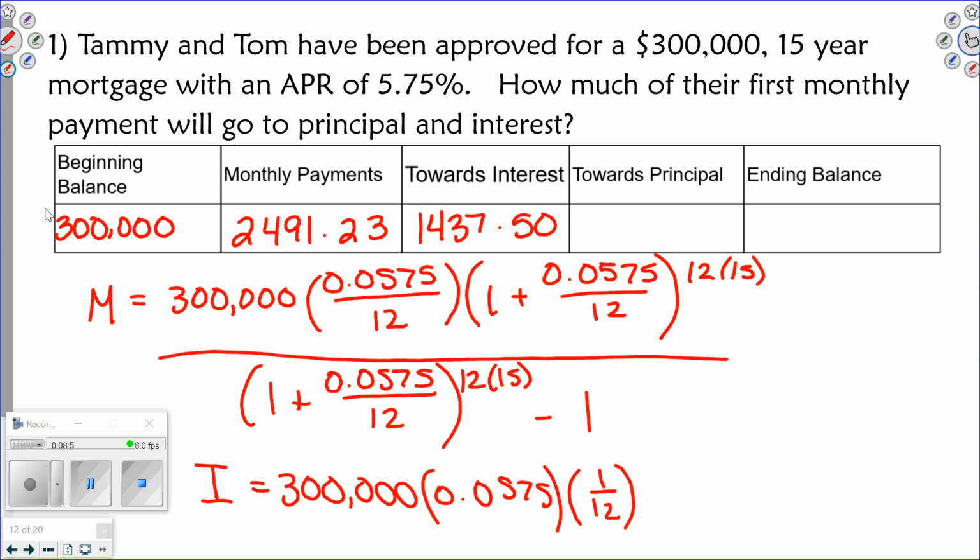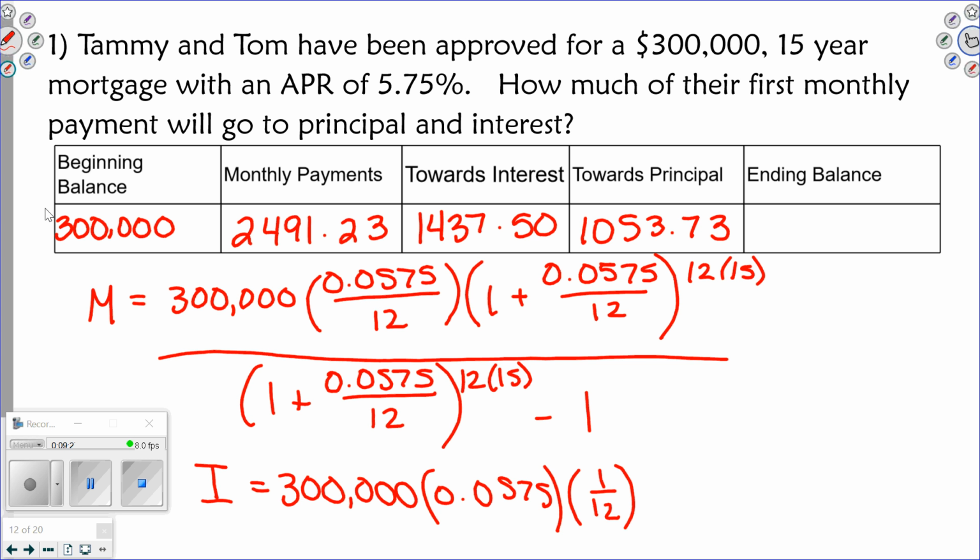So then how much of it goes towards principal? How do you find that? You subtract them, right? If this is your monthly payment, this much goes to interest, subtract. If you just subtract those, we get $1,053.73. Look at that difference. More of your payment goes towards interest than goes towards actually paying off that $300,000.